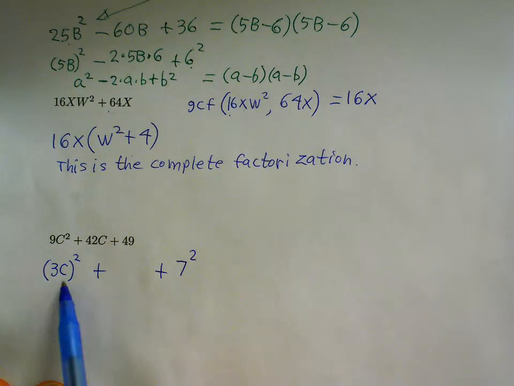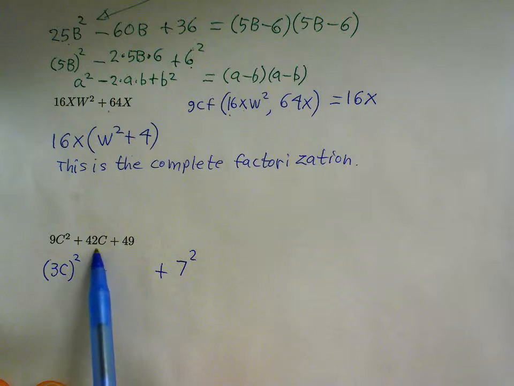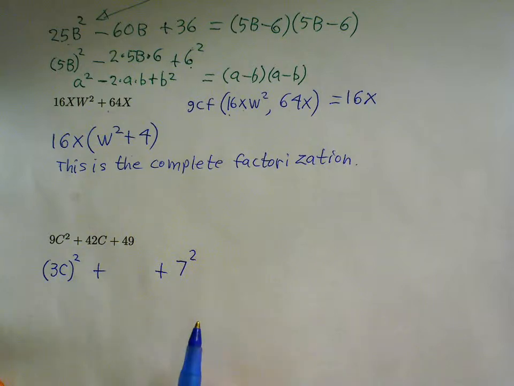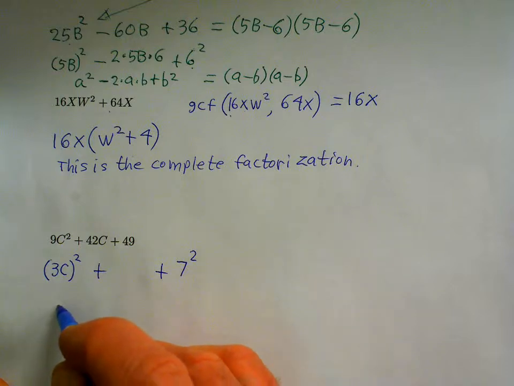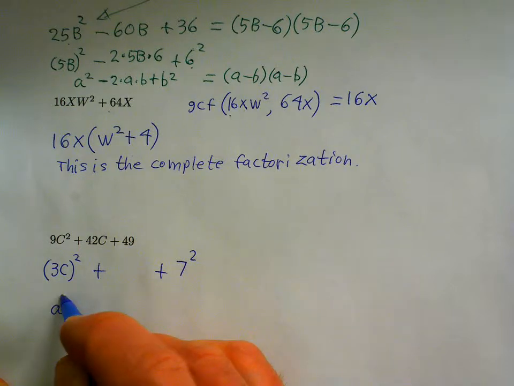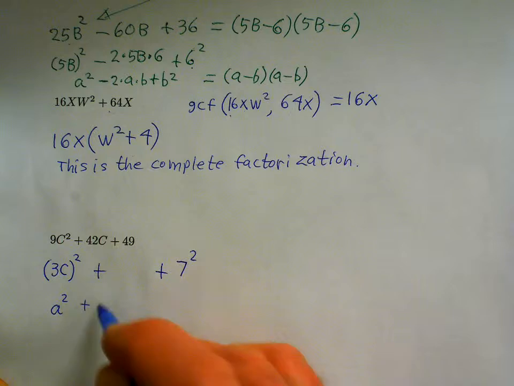So we want to check to see if the middle term has the right form for a perfect square trinomial. So we're checking to see if it has the form a to the second plus 2ab plus b to the second.